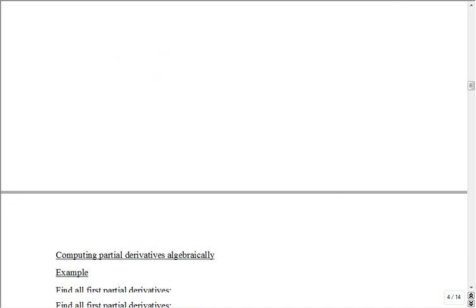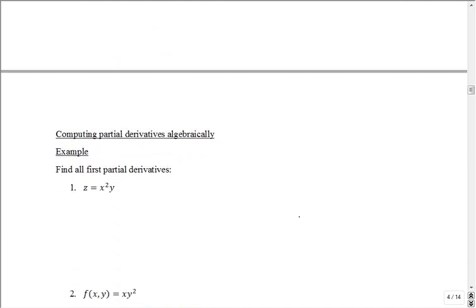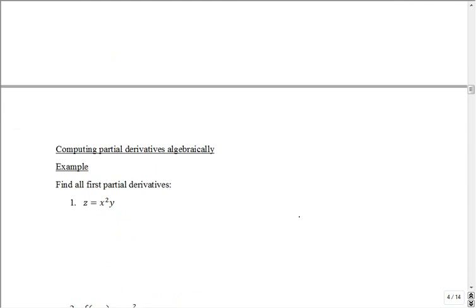So let me explain the rules. We're computing the partial derivatives algebraically. Here I said compute all the first partial derivatives. If the function is a function of 2 variables, there are 2 first partials. If the function has 3 variables, there are 3 first partials, and so on.